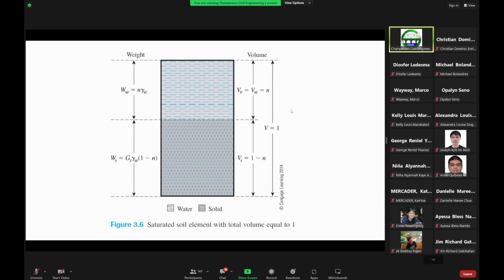But this time, since the total volume is equal to 1, this one becomes the porosity, because porosity is related to the total volume, while the void ratio is related to the volume of solids. Then the weight of the soil solids is still the same, this one here.